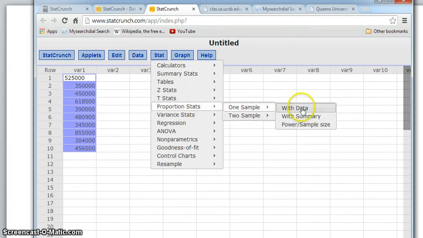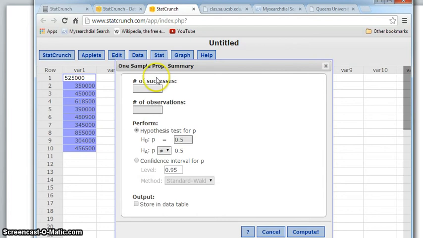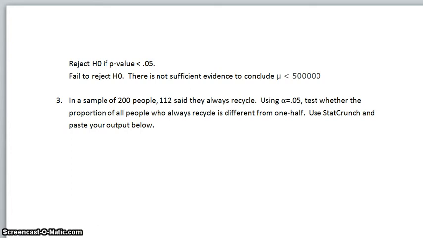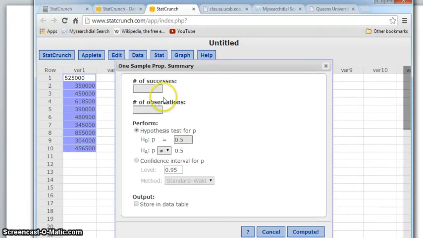One sample, this one's with summary. And let's see, what was the number here? 112 out of 200. So 112 out of 200, and this already has this typed in for us, half versus not equal half.